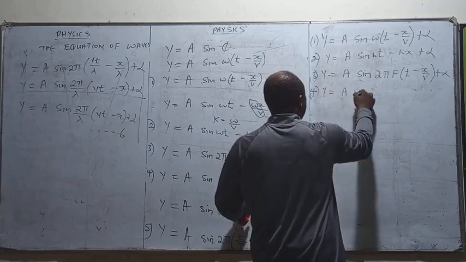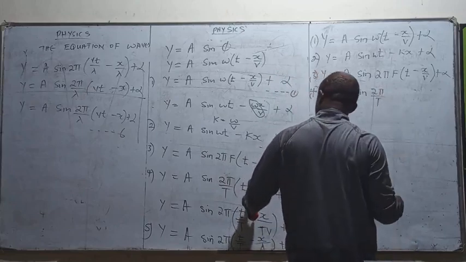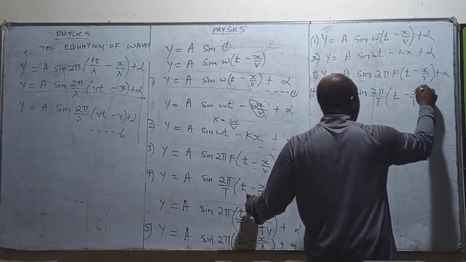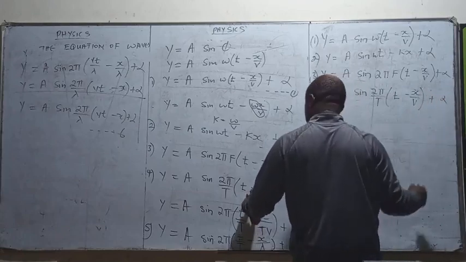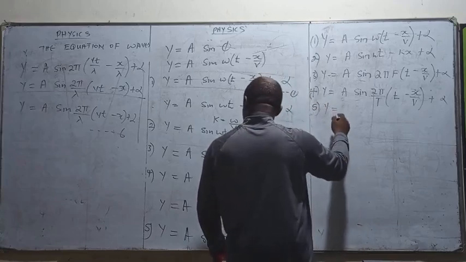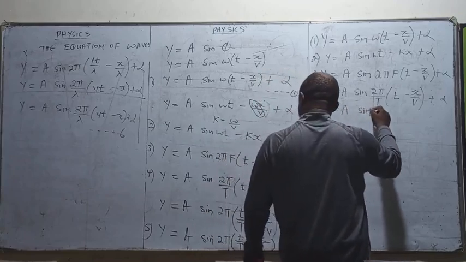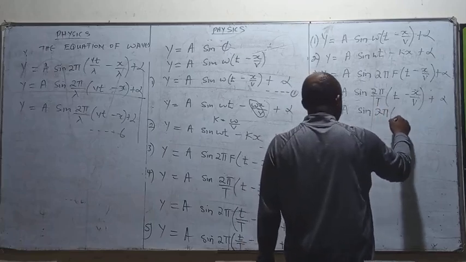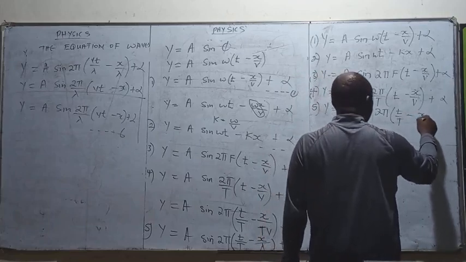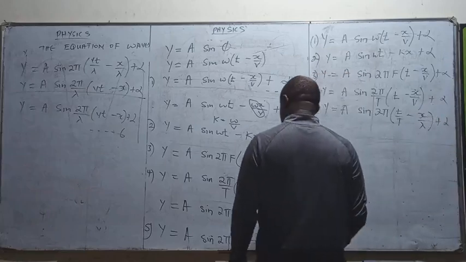Then number four, we have y equal to A sine 2 pi over T bracket t minus x all over v plus alpha. Then number 5, we have y equal to A sine 2 pi bracket t over T minus x over lambda bracket plus alpha.